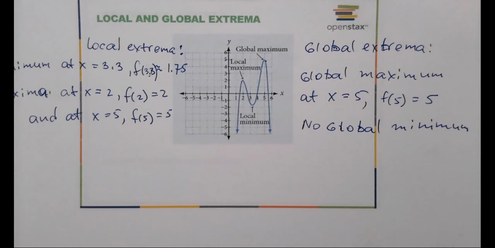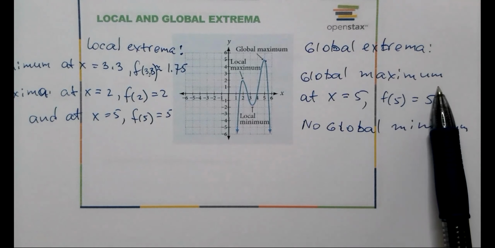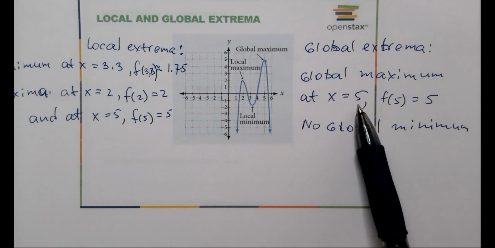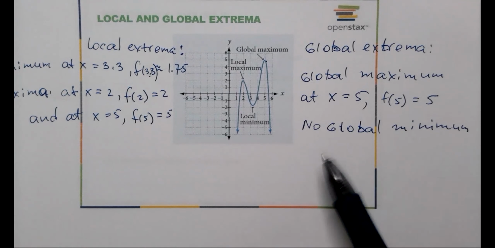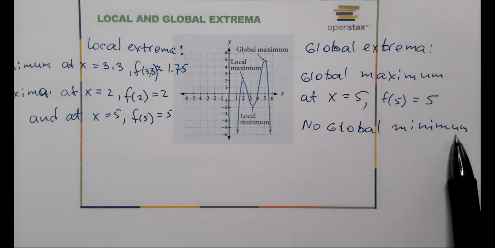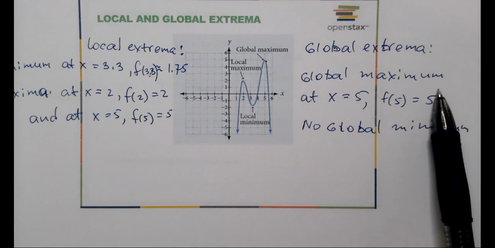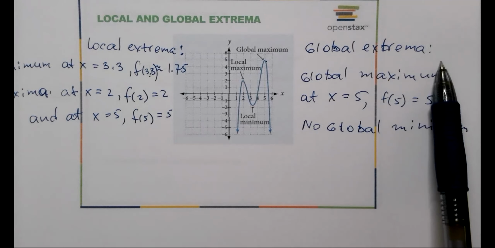For global minimum and maximum, there could be only one each, so we will use these words in singular form here. The global maximum happens at x equals 5, and this is what the y value equals, and there is no global minimum. Both the maximum and minimum are extrema.